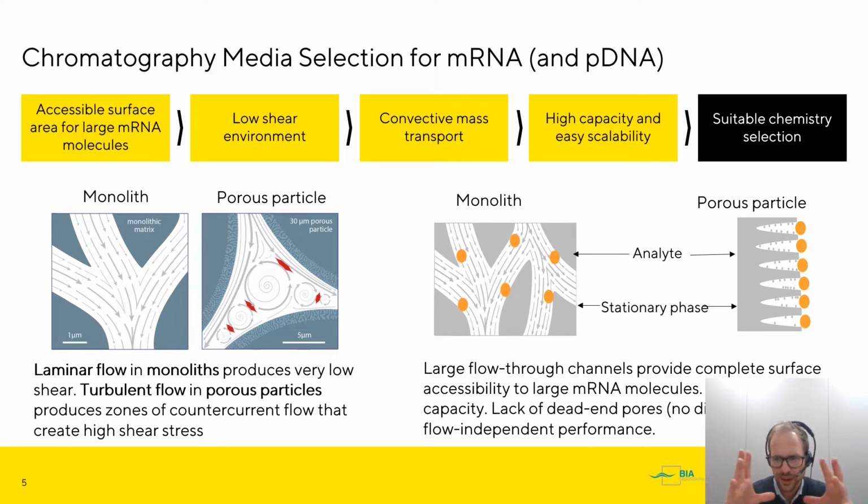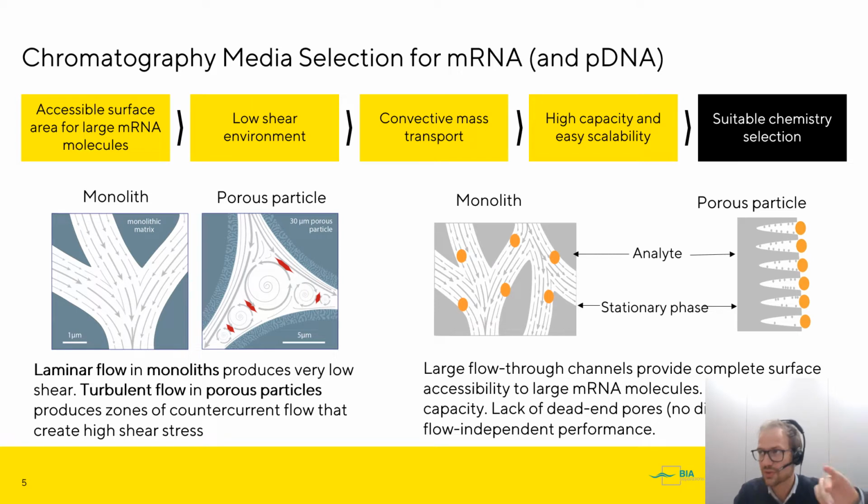Chromatographic media with binding sites large enough to accommodate the size of mRNA, and also chromatographic media that does not depend on diffusion for mass transport, meaning for bringing the molecule to the binding site. And a chromatographic media that very amply satisfies these requirements are so-called monoliths. Monoliths being polymers with engineered flow channels with very precisely defined pore sizes, standardly 2 micrometers, which is significantly larger than a typical mRNA molecule.